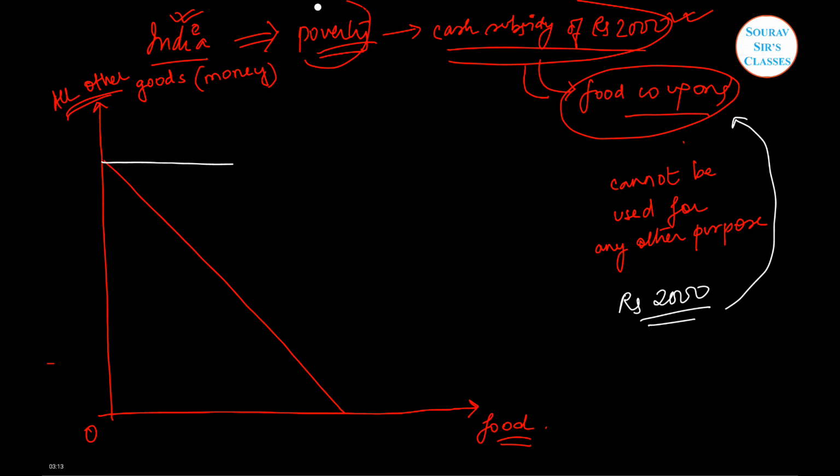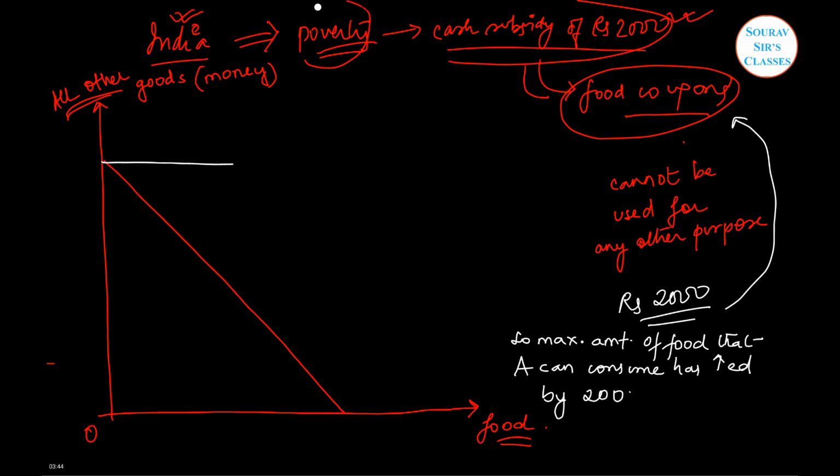Let me tell you first what this means. This means that the maximum amount of food that the consumer A can consume has increased by 2000 everywhere, because 2000 is the amount of cash subsidy which has to be utilized only on food.